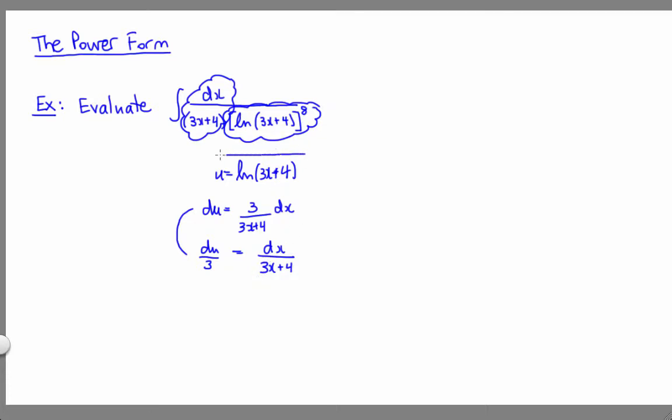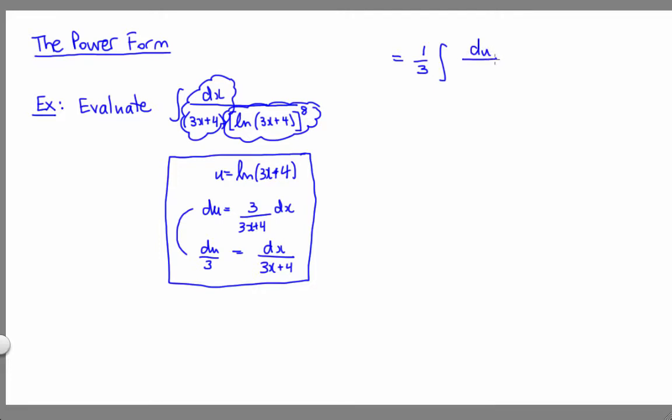So that is our substitution done. I'm going to put that in a box, and we can start to rewrite our integral. Continuing our work over here, the integral in question is equal to the following. We know that dx over 3x plus 4 can be written as 1/3 du.